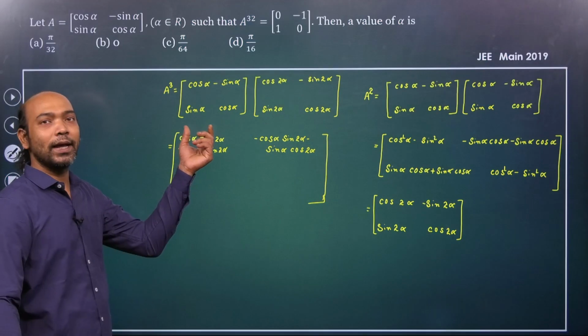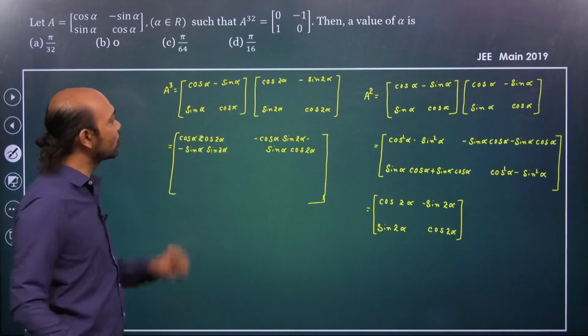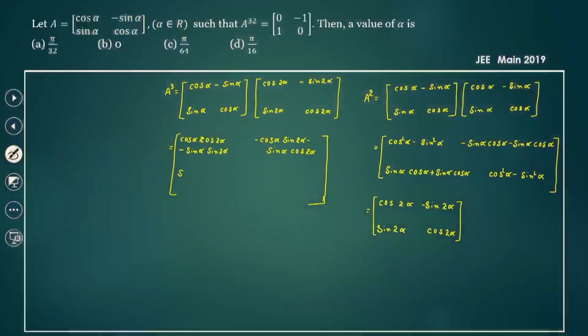Now we multiply the second row: sin alpha cos 2 alpha plus cos alpha sin 2 alpha. And here we have cos alpha cos 2 alpha minus sin alpha sin 2 alpha.